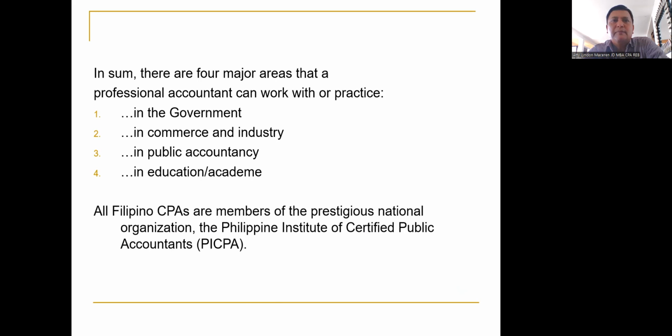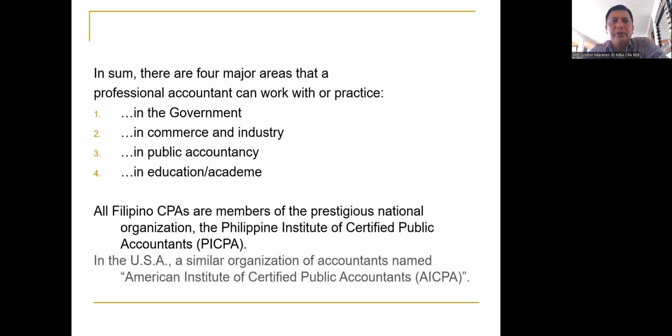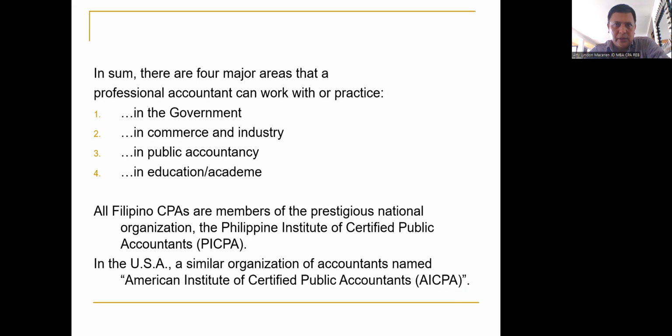And these Filipino CPAs are likewise members of the prestigious national organization called the PICPA, or the Philippine Institute of Certified Public Accountants. Now, in the US, there's a similar organization of accountants, which is named the American Institute of Certified Public Accountants, or the AICPA.